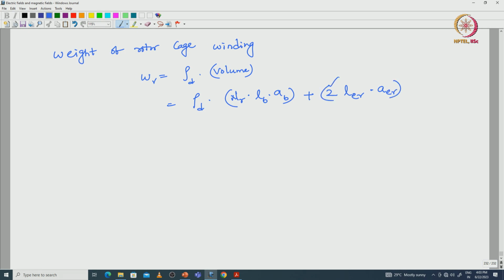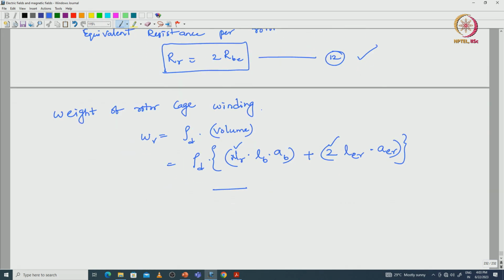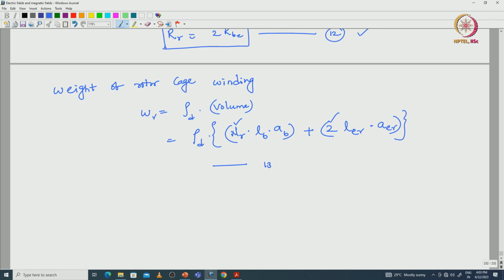Because 2 end rings are there and NR number of rotor bars are there, we write NR into L into area of cross section, and 2 into LE into AER. The total gives the weight of the rotor cage winding, that is equation number 13.